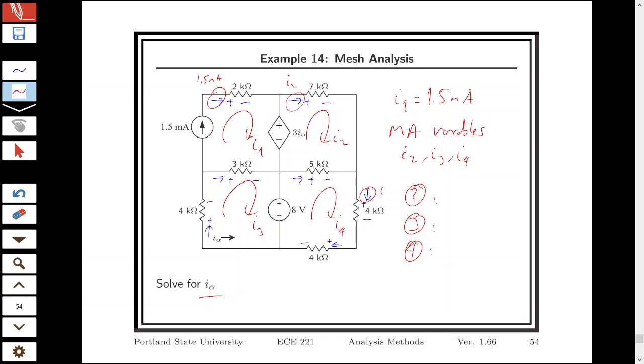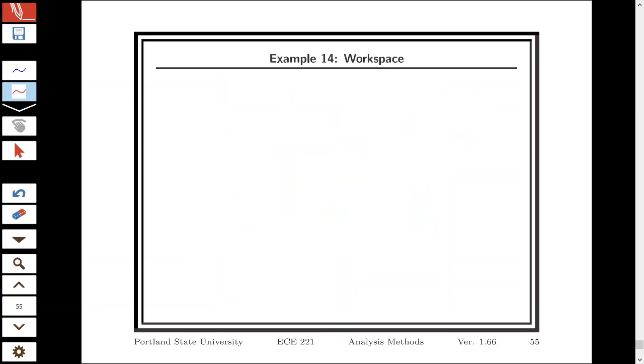The current here is I4. The current here is I4 minus I2. Okay. The current here is I3 minus I1. And here it is I3, right? And this one is also I4. Okay, now let's write down our KVL equations in the 3 meshes.